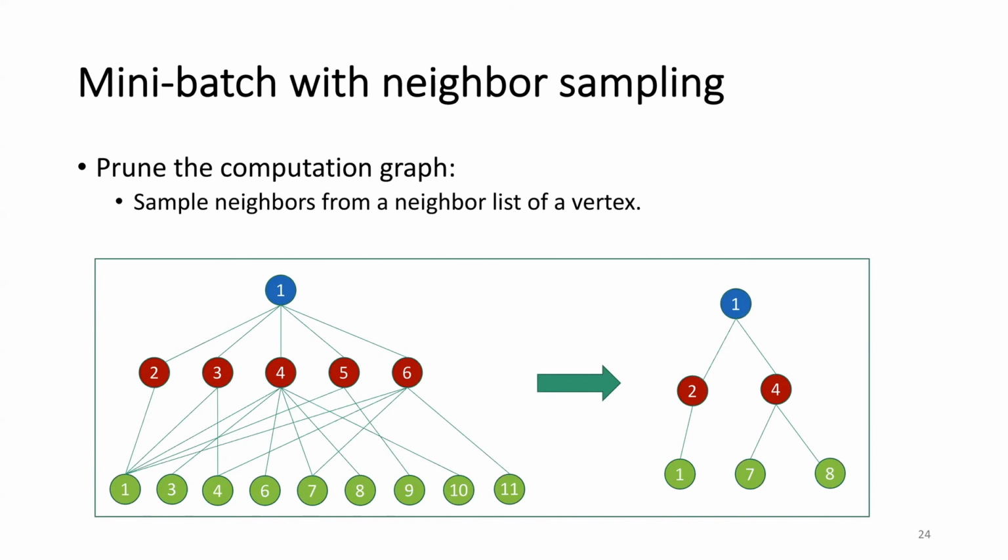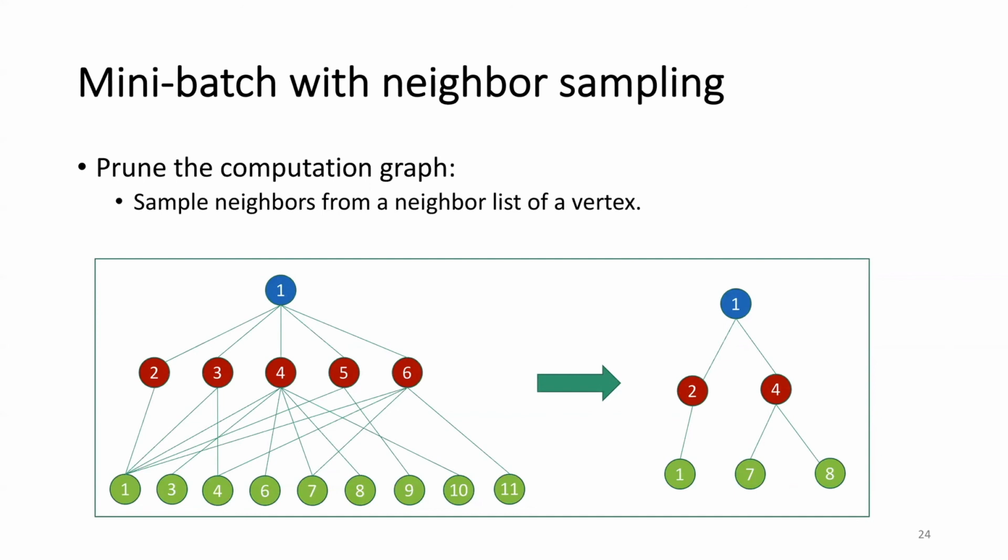The simplest neighbor sampling approach is a degree-based one, a neighbor sampling based on a maximum degree. For instance, I can put a bound that says for every node, I'm going to sample no more than 2 of its neighbors.